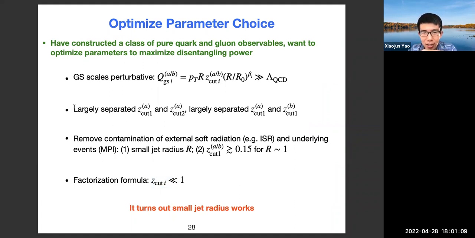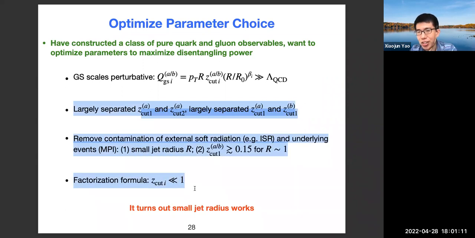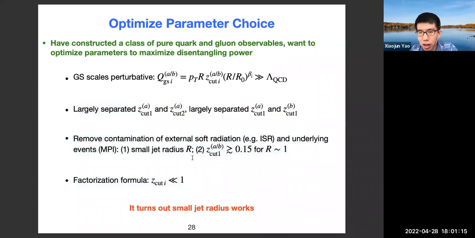And now you can see the last three conditions are kind of competing with each other. For example, here, we want the z-cuts to be largely separated, but the z-cut also has to be much smaller than 1. This will limit us to a smaller region of the z-cut parameters. And also, if we use this method to get rid of the underlying events, this and this will push the z-cut in opposite directions.